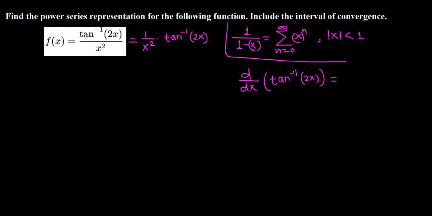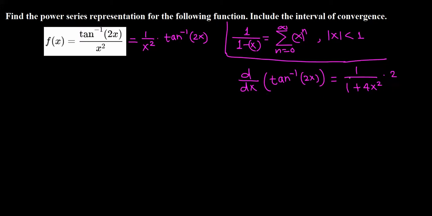So the derivative of tangent inverse of something is, from the chain rule, 1 over 1 plus this squared, (2x) squared, that's 4x squared, times, from the chain rule, the derivative of 2x, which is 2. That is in fact 2 over 1 plus 4x squared. At least this is a fraction like 1 over something, and we can always change this fraction into the form of 1 over 1 minus x.